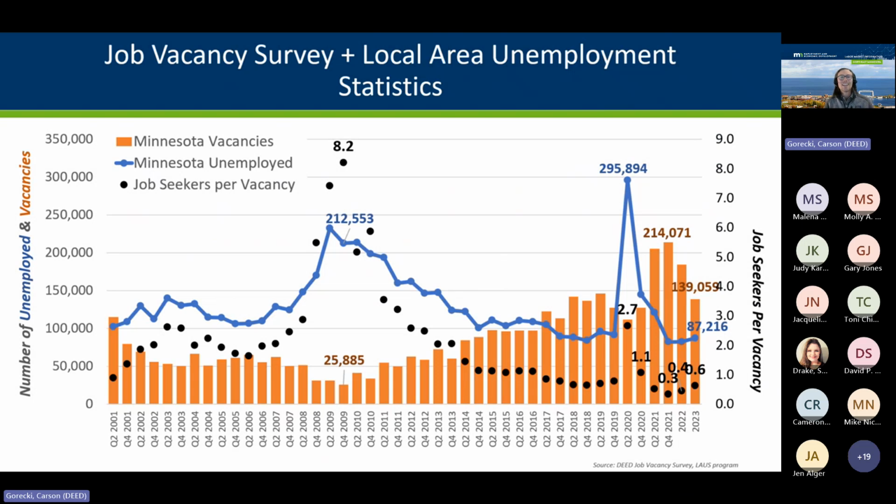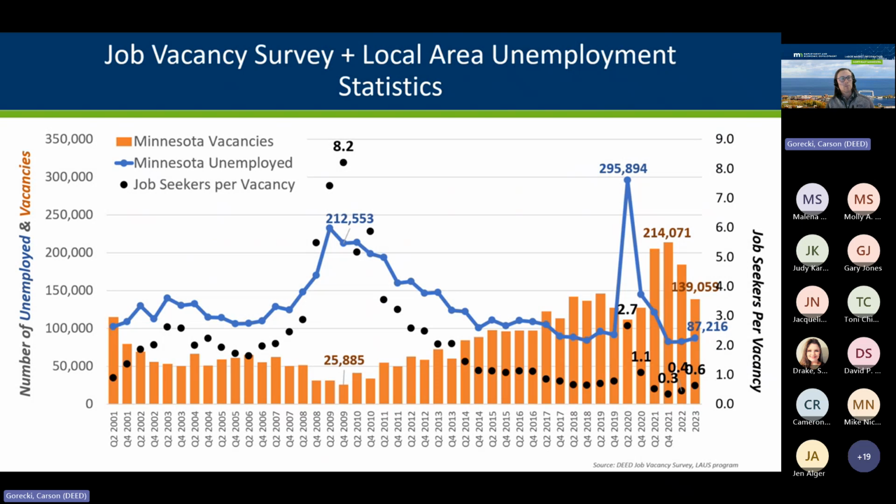When I talk about the tight labor market, there's a specific measure that we like to use for that. That is the relationship between the number of job seekers, the people actively looking for work, which in this sense means the unemployed, and the number of job vacancies. We track both of those things so we can compare them. The black dot in this chart represents the ratio of job seekers per job vacancy. For example, in the Great Recession, 2009, 2010, we had 8.2 job seekers, or unemployed persons, per single job vacancy.